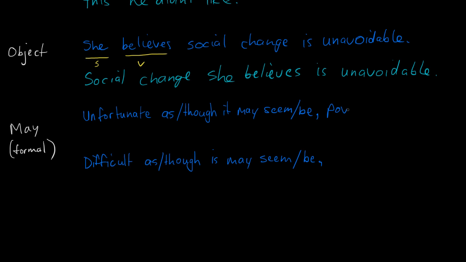Poverty, for example, poverty is currently unavoidable. Alright, so fronted section there, and difficult as although it may seem or be.